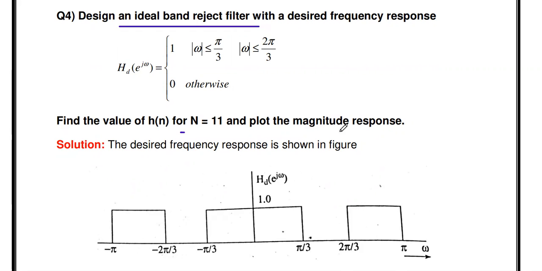So this is our question. For the specification, first we have to draw the frequency response. HD of e power j omega always lies between minus pi to pi, so only for omega between minus pi to pi is the frequency response available. Here HD of e power j omega has the value 1 for modulus of omega less than or equal to pi by 3, that is, for omega between minus pi by 3 to pi by 3.